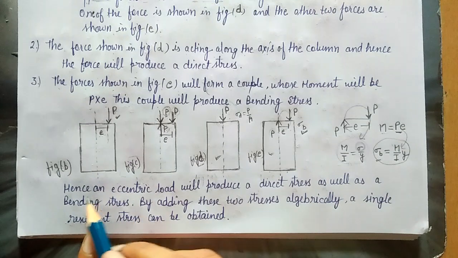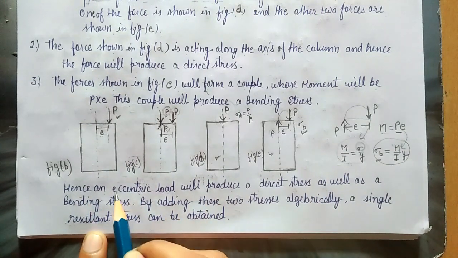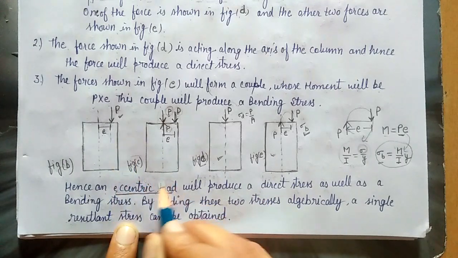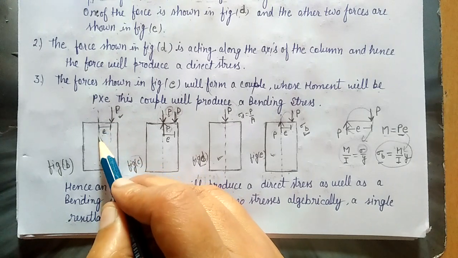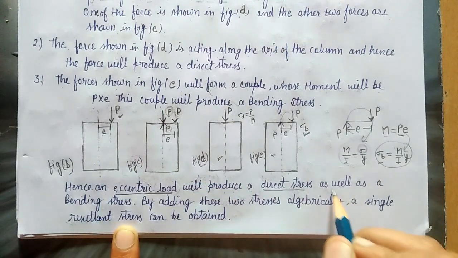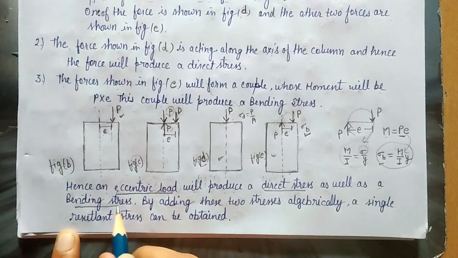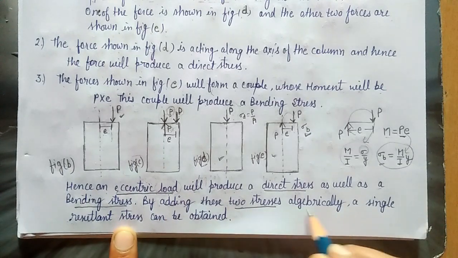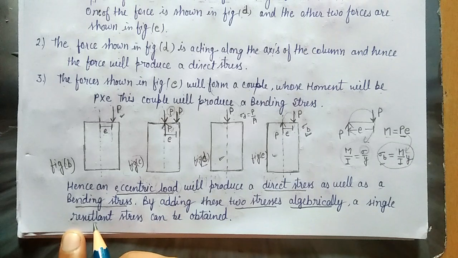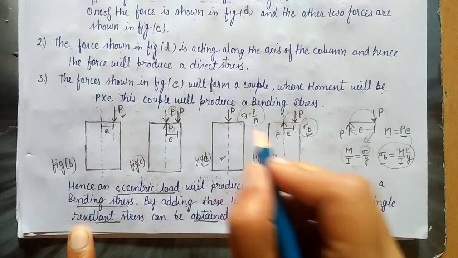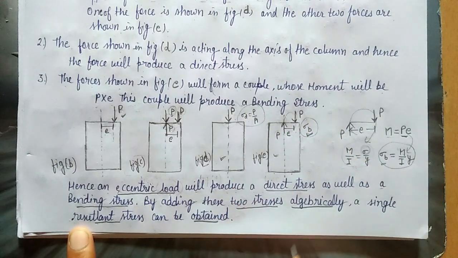So hence an eccentric load, that means the load whose line of action is at some distance from the axis of the beam or axis of the structural member, will produce direct stress as well as bending stress. By adding these two stresses, sigma D and sigma B, algebraically, a single resultant stress can be obtained.